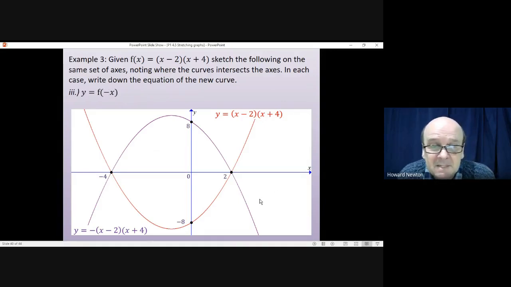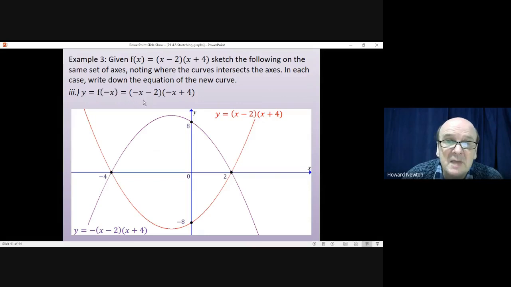f of minus x is also a reflection, but a reflection in the y-axis. In terms of the equation, all the x's will change to minus x's. So that would be the new equation. That would be the equation of f of minus x. In terms of what it looks like, the minus 4 will reflect in the y-axis and become plus 4.